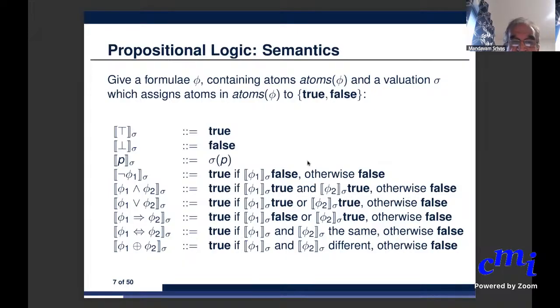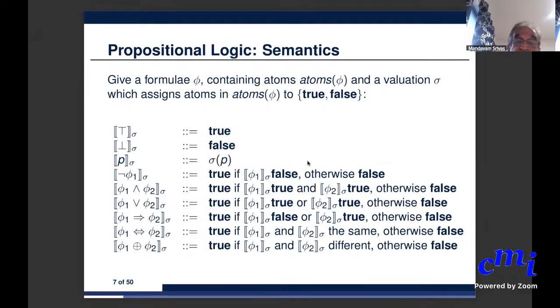And since our formulas have propositional variables in them, the truth or falsity of a formula that contains variables is determined by the valuation, the values assigned to those propositions.